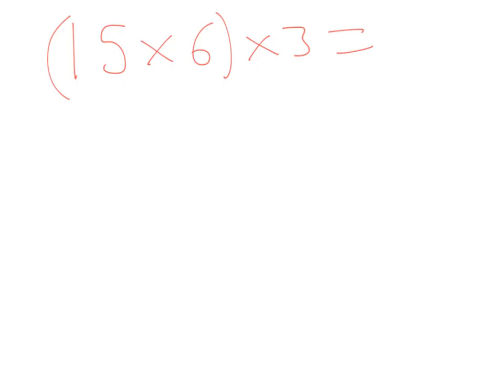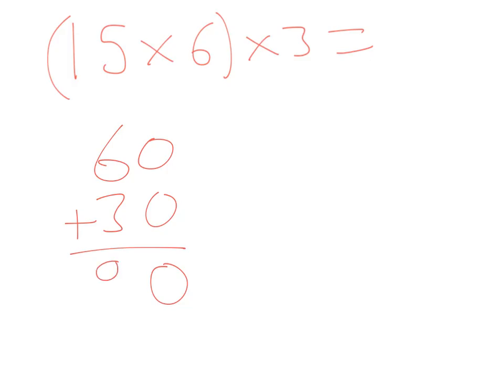So 15 multiplied by 6, I'm going to do 10 times 6, which equals 60, and then 5 times 6, which equals 30, and then add these two together. 30 add 60 equals 90 altogether. Now I'm going to have to multiply my answer 90 by the 3 up here.